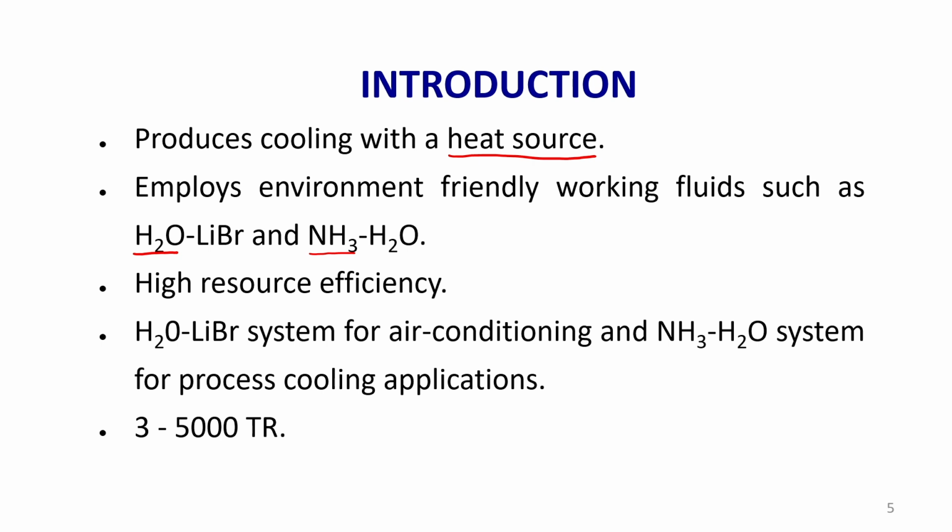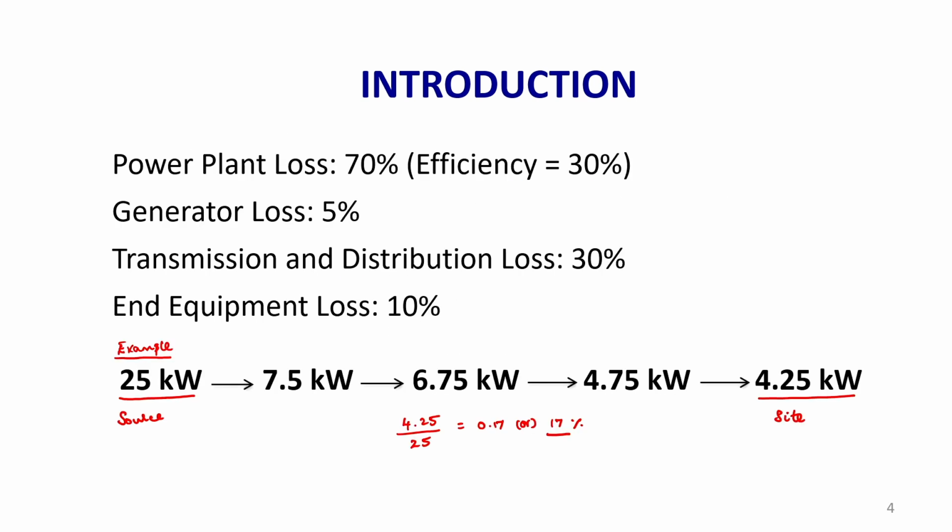This is called high resource efficiency. What do you mean by resource efficiency? This is the factor which I defined. Suppose let us take a vapor compression system which has a COP of 5. That is the site COP.